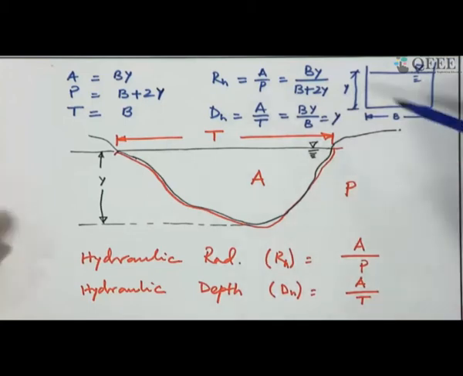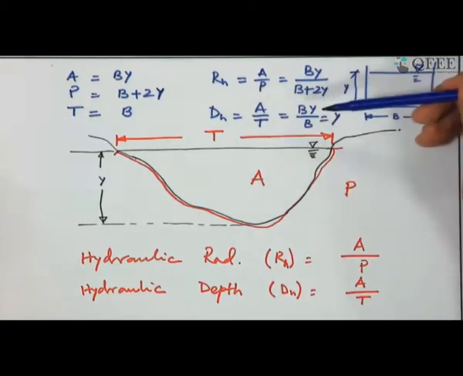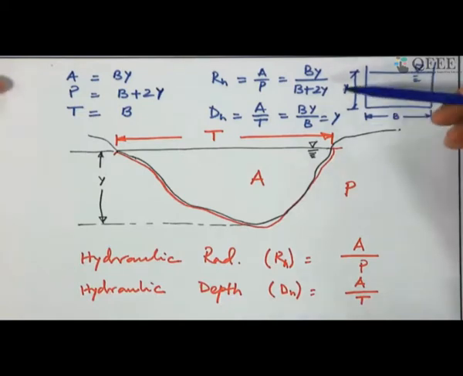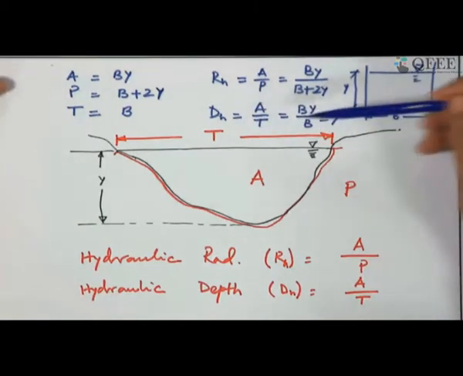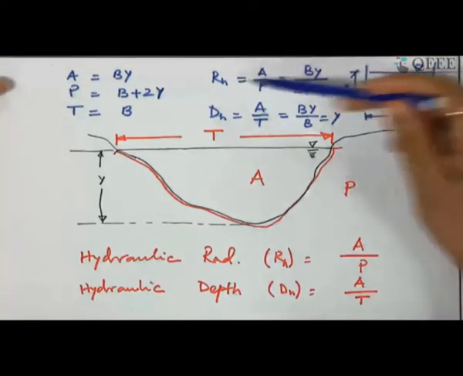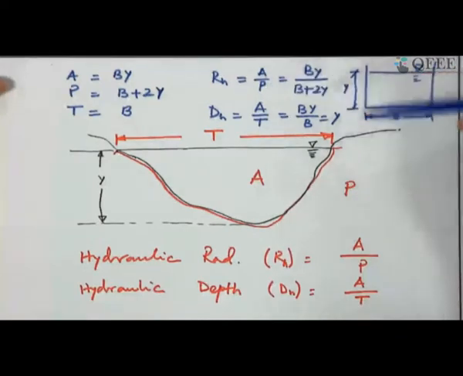That means for a rectangular channel cross section, this hydraulic depth and depth of flow are the same, but hydraulic radius is different.